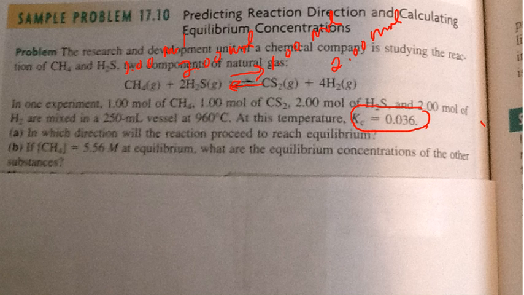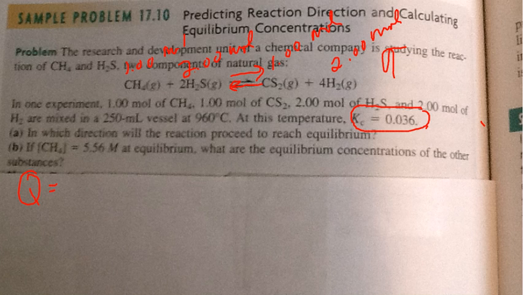And I guess the first thing we're going to calculate is not, in fact, K, but Q, right? We talked about this earlier in the videos. Q is the snapshot at any one given time. And so we're going to take a snapshot right when these things have been added at time 0. So let's do this calculation.